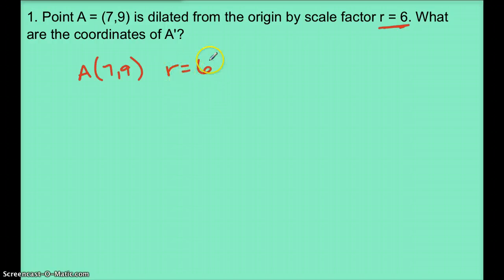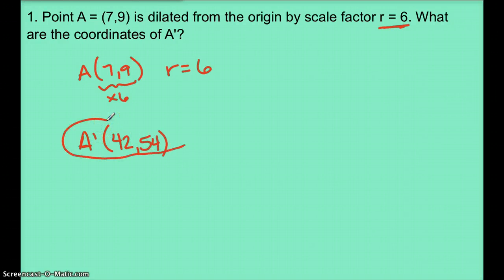So all we need to do is take that scale factor and multiply it by each of these coordinates. I'll multiply it by the 7 and by the 9. A prime will be located at, I know 7 times 6 is 42, and I know 9 times 6 is 54. So the coordinates of A prime are (42, 54).